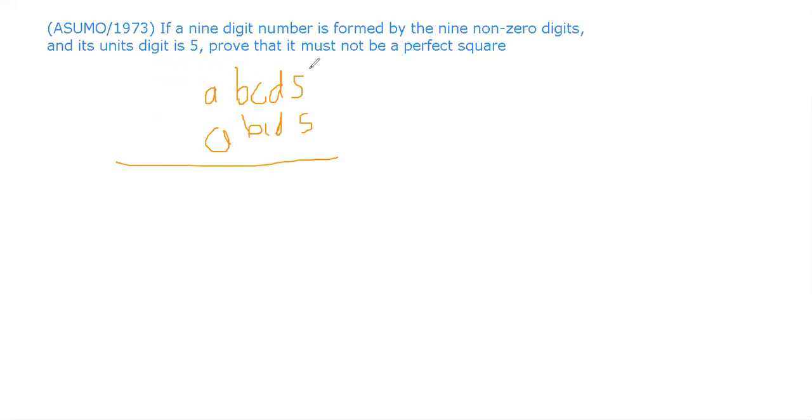So let's multiply it row-wise. 5 times 5 is 25, 2 goes in carry, so 10d plus 2. Now again it's 10c plus d squared.